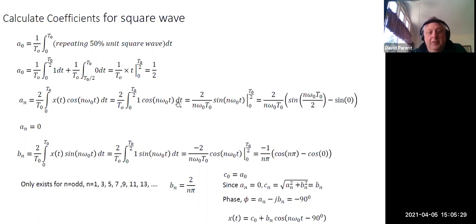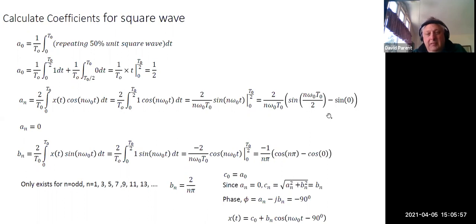So if we want to integrate cosine, we get sine, and we plug in 0 and half the period, and sine of 0 is always 0, and so is this sine.